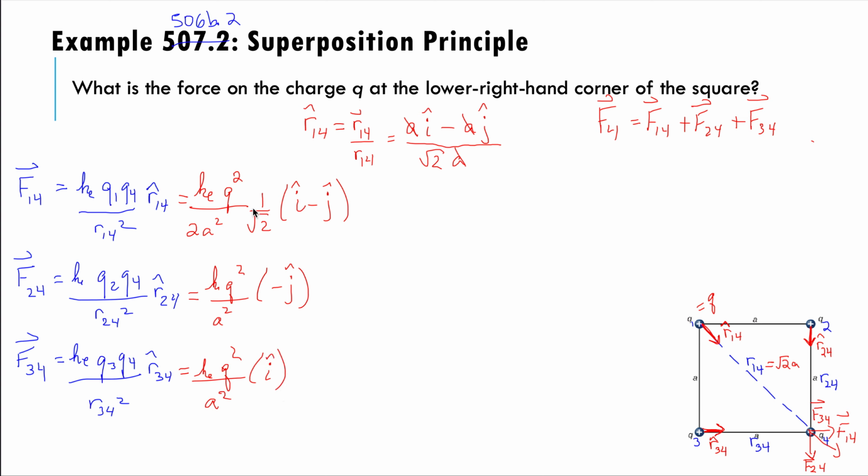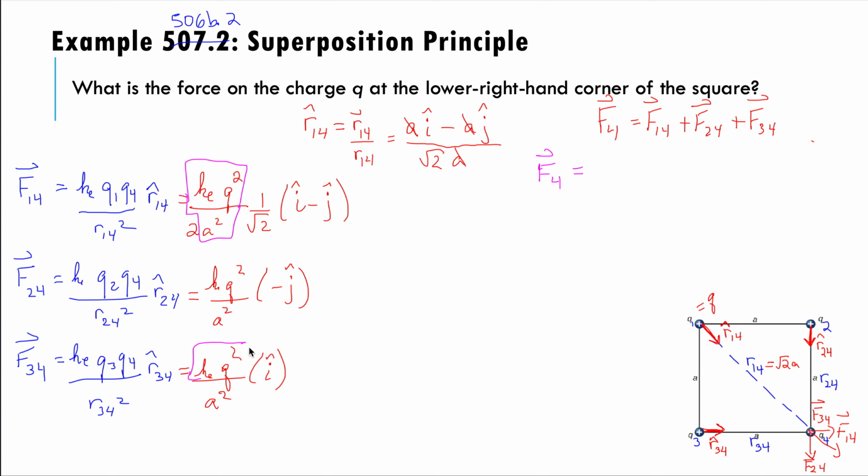So we have written all of our forces, and now we need to add them. To add the forces, we just have to add the different directions separately. So let's go ahead and do that. F4 is going to be equal to all of the components in the i hat direction. So this component of F14 and this component of F34. Now they do have a factor in common, k q squared over a squared.